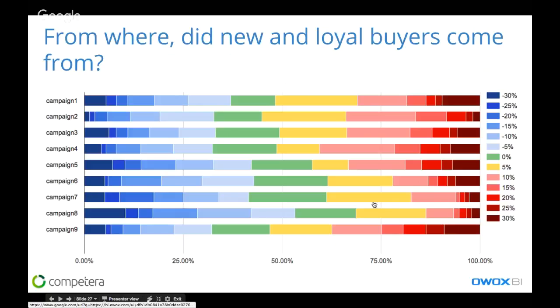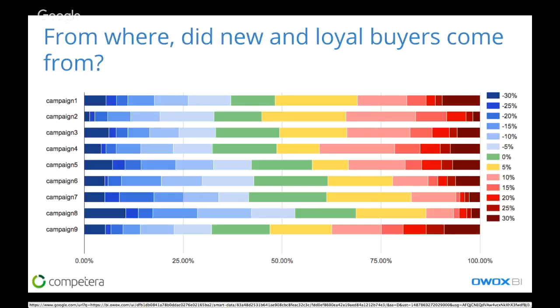If we compare, for example, campaign number 8, we can see that the most sales were generated with the products whose prices were lower than the market. And we see that campaign number 9 brings us really loyal customers, and they are ready to buy products even if the price is higher than the market.